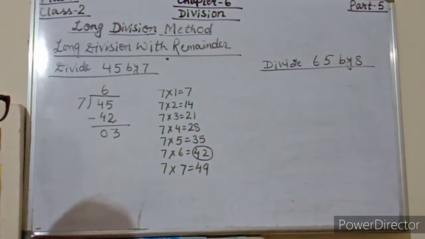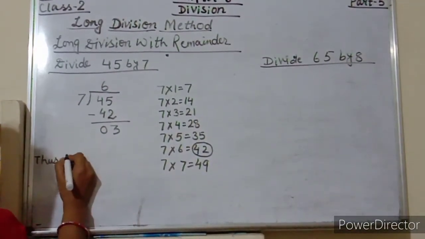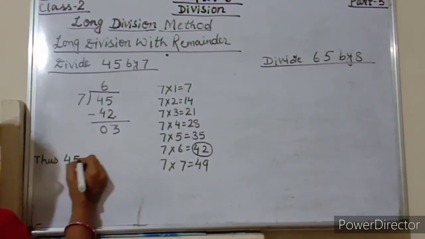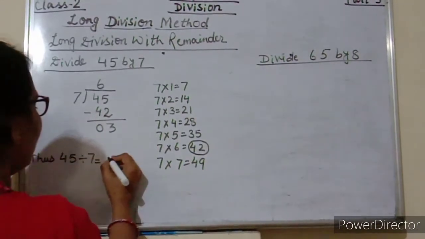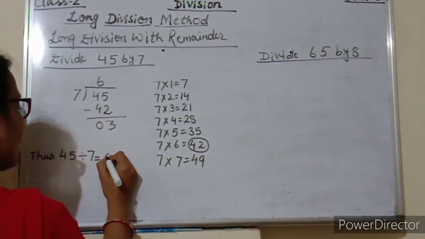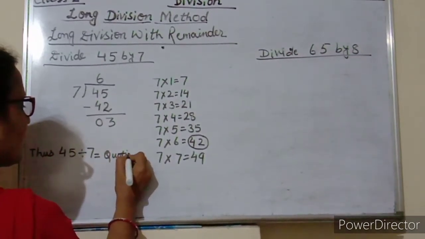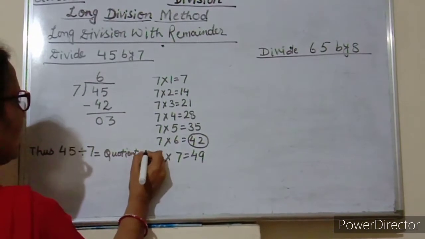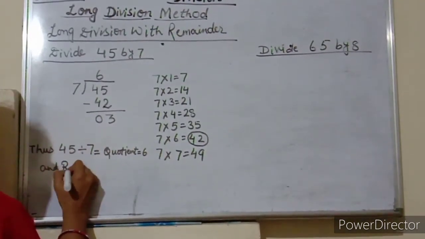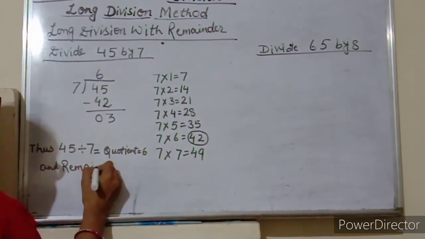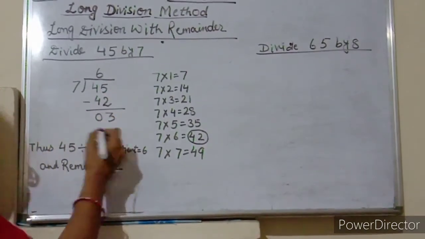Now what we will write, students? See, thus 45 divided by 7 is equal to quotient is equal to 6 and remainder is equal to, yes, see, what is remainder, students?